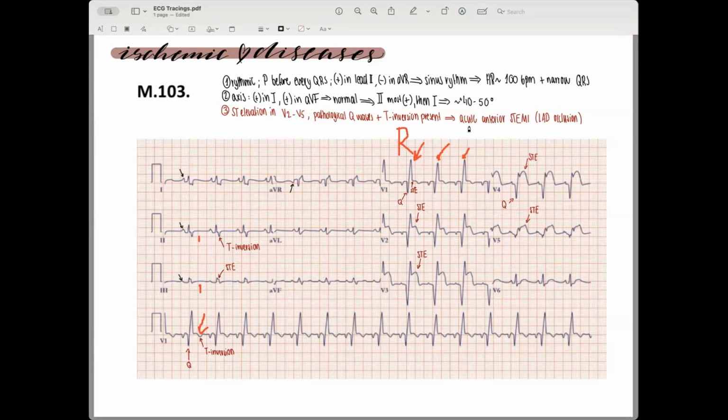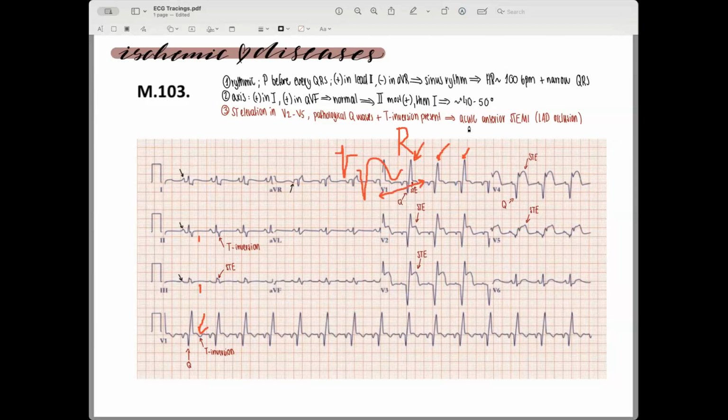Normally this is how V1 looks. Now, if you have a pathological Q wave and ST elevation, it should look something like this. And this is not. So it's a different one. Here you do see an R.